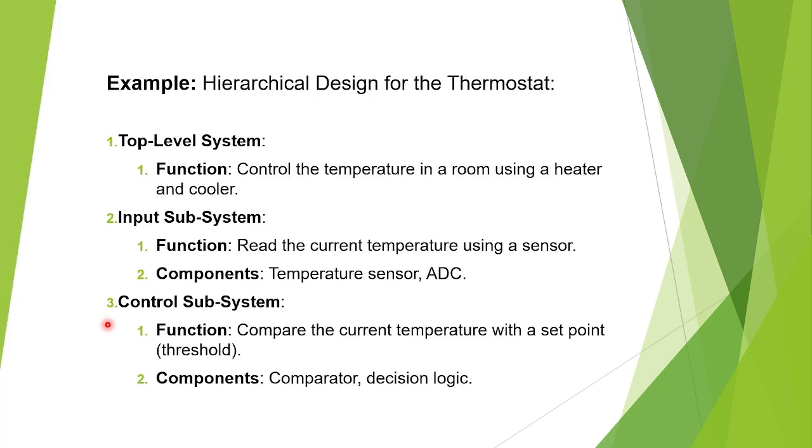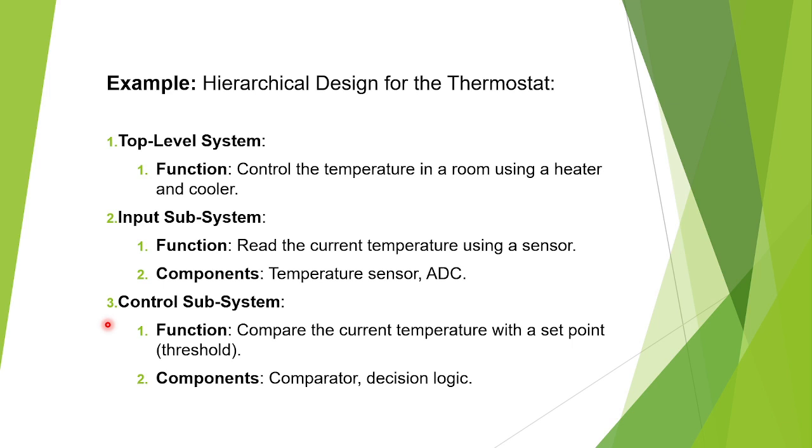Now we will see an example of hierarchical design for a thermostat, like how a thermostat can be designed in a hierarchical structure. First we see the top level system. The top level system function is to control the temperature in a room using a heater and cooler.